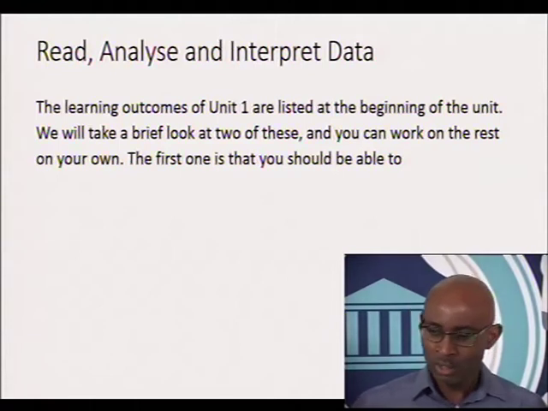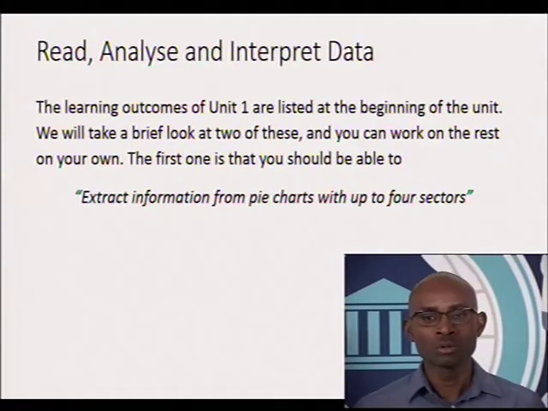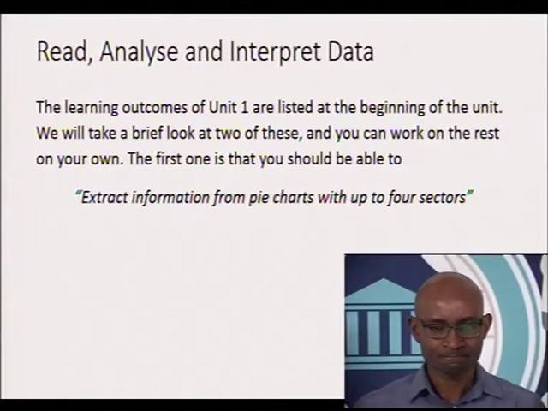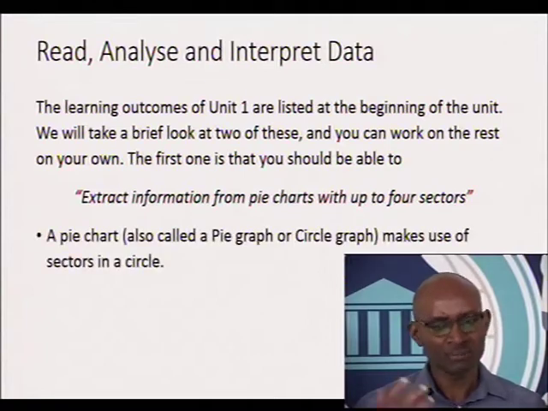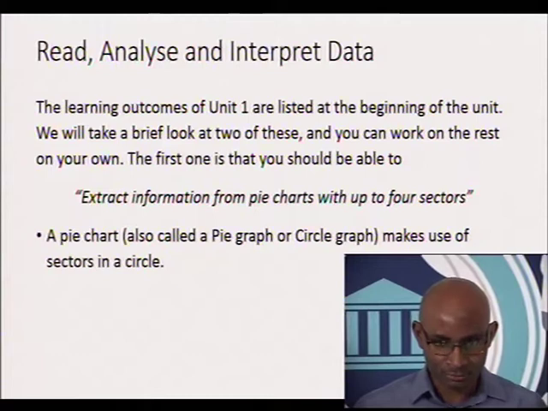The first one is that you should be able to extract information from pie charts with up to 4 sectors. Now, first of all, what is a pie chart? Sometimes also referred to as a pie graph or a circle graph.